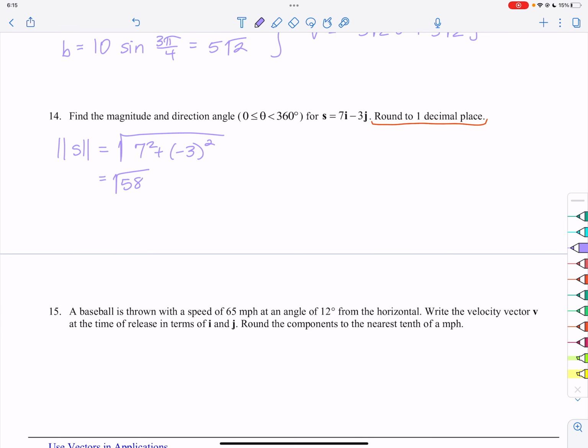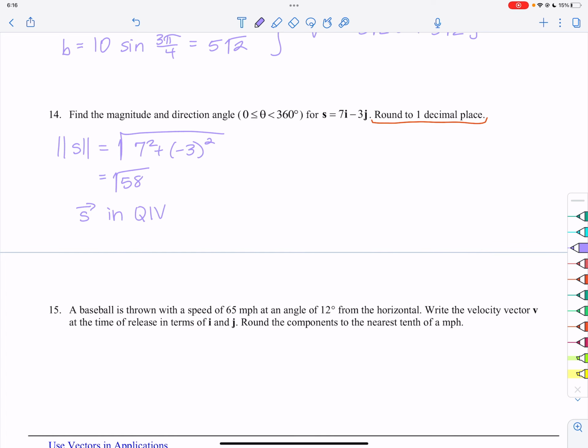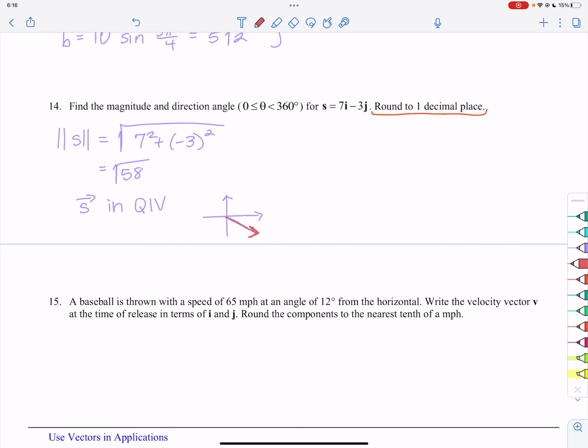And we also know that vector s is in quadrant 4. Now, how do we know that vector s is in quadrant 4? Because we're 7 in the i direction, negative 3 in the j unit vector direction. So it will look something like that, okay?